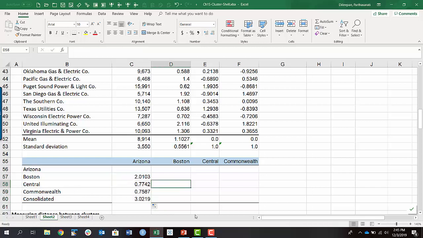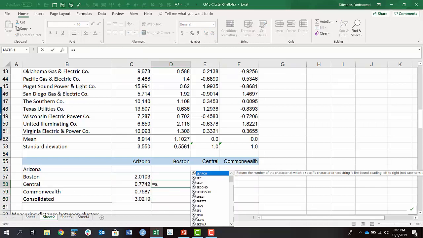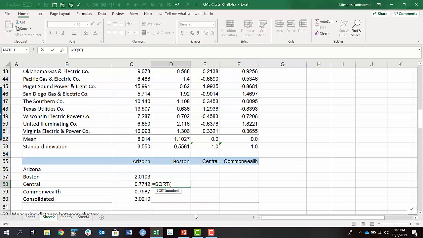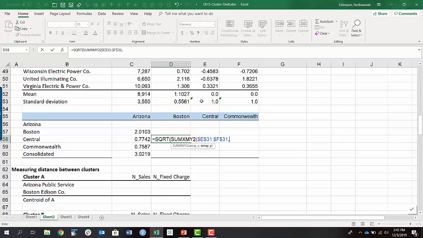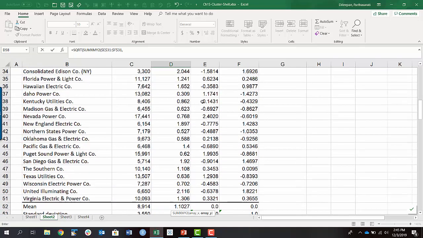So next we have to do the same thing, square root of sum x minus y squared. Now this time Boston should be absolute referenced, and then Central.